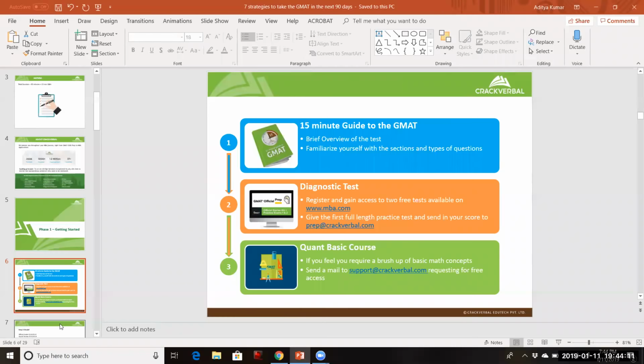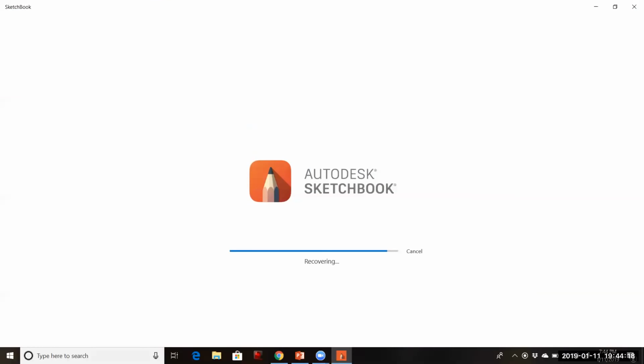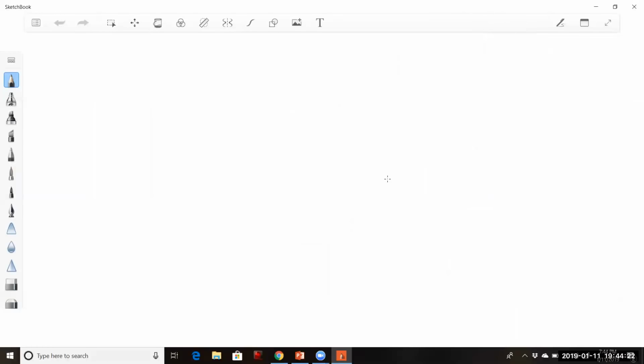Let me shift to a sketchbook here, and let me take a couple of examples so that you understand how it works, right? So let's take 3 examples. Let's take student A, student B, and student C. Student A comes to me and says that I've got a diagnostic test score of quant 29 and verbal 22.